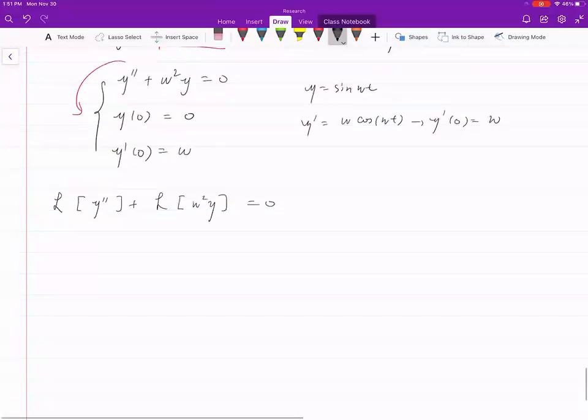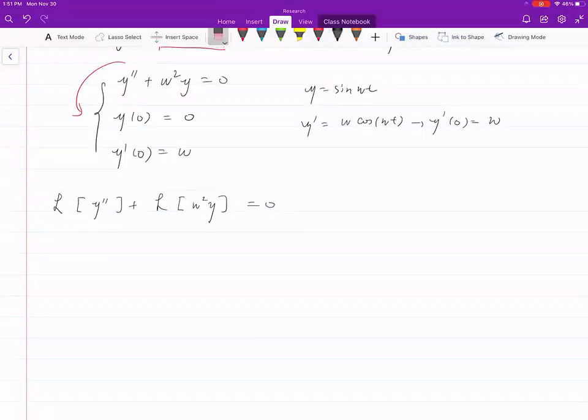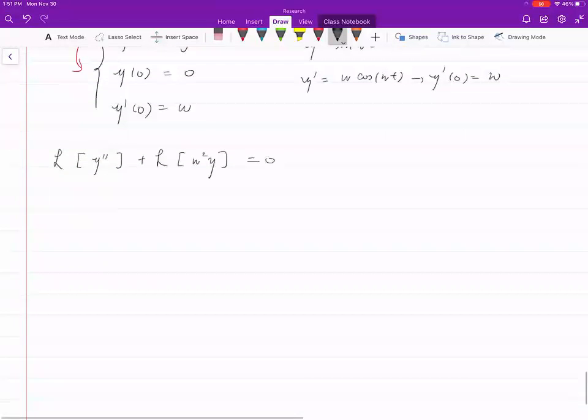Good. Laplace transform of y double prime, this is what we know.